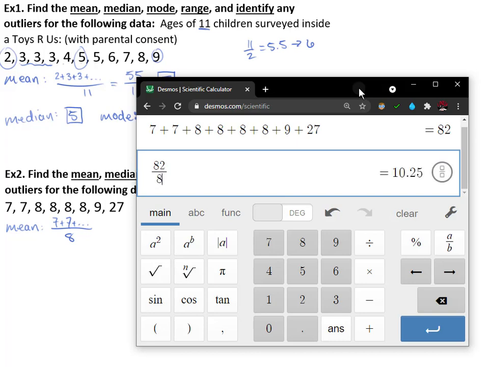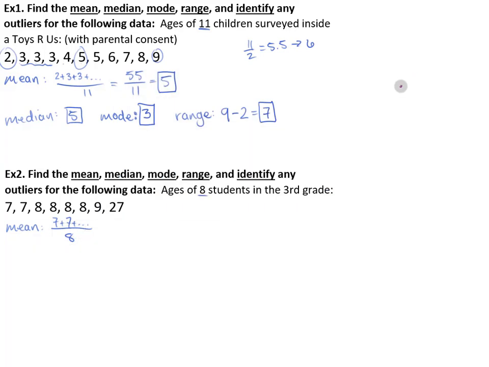And 82 divided by 8. Whew, not a nice whole number. That's okay. It's not a terrible number. 82 over 8 is 10 and a quarter. So the average is 10 and a quarter.